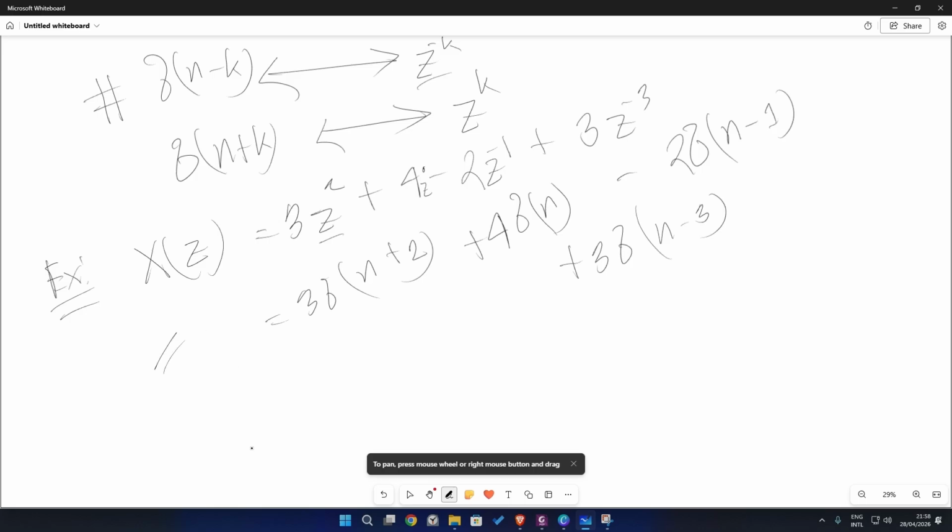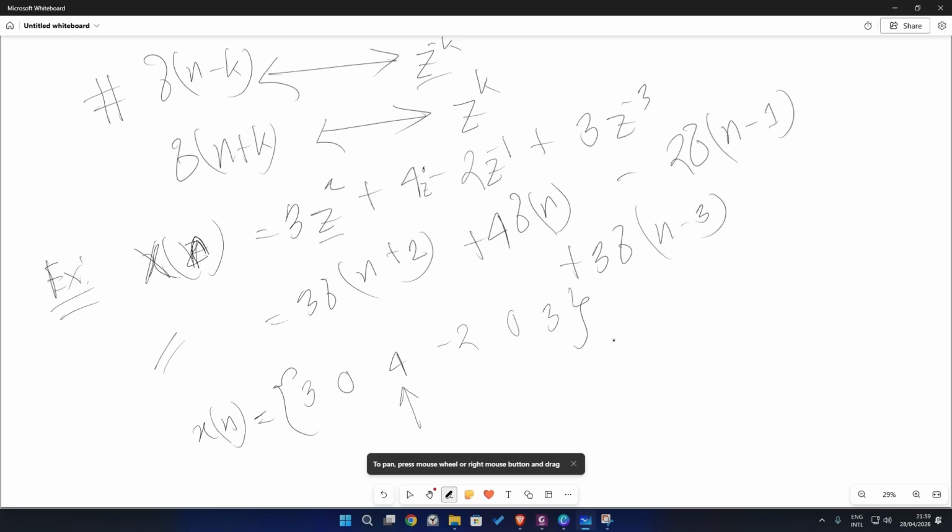If we represent it in the sequence form, it will be x[n] equals 3, 0, 4, minus 2, 0, 3. So what will be the start point, or what will be n equal to 0? This will be n equal to 0.